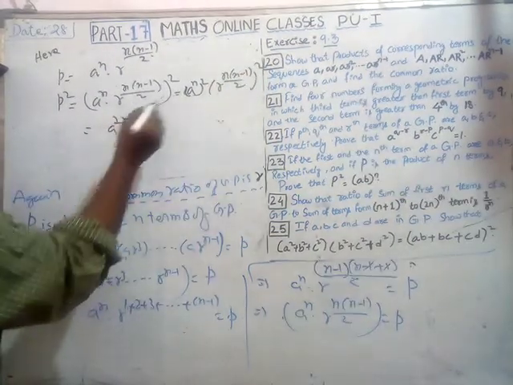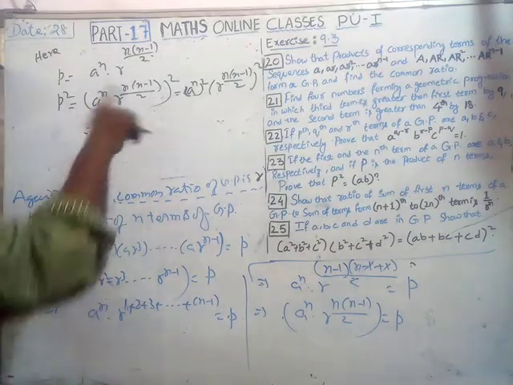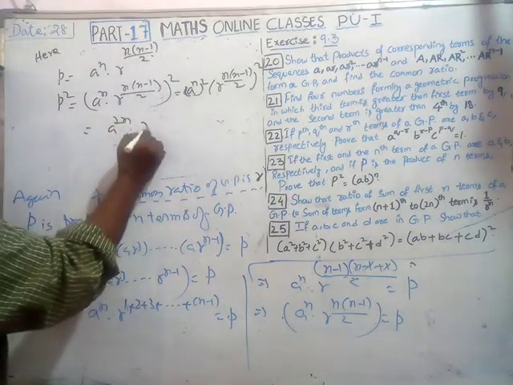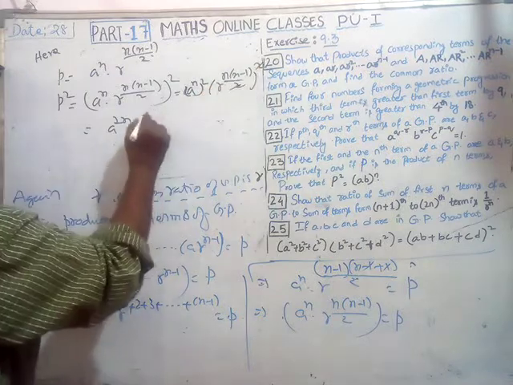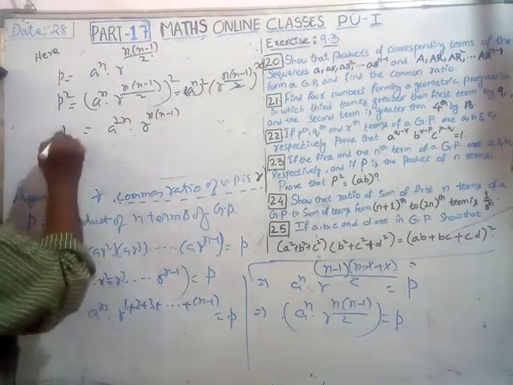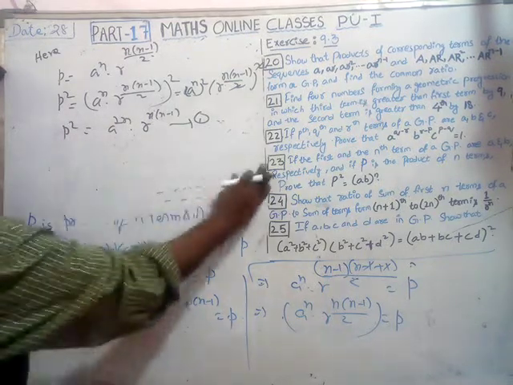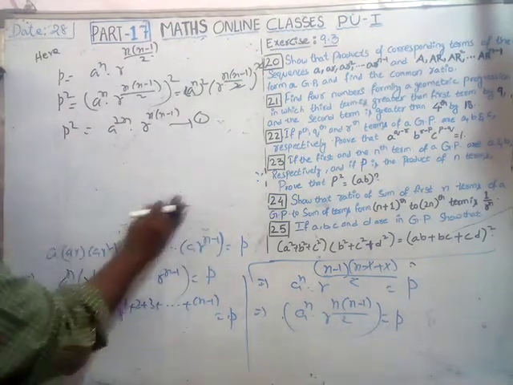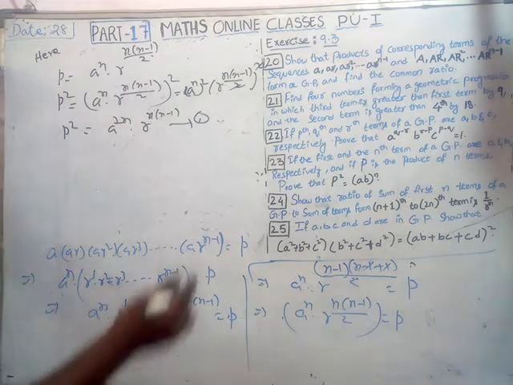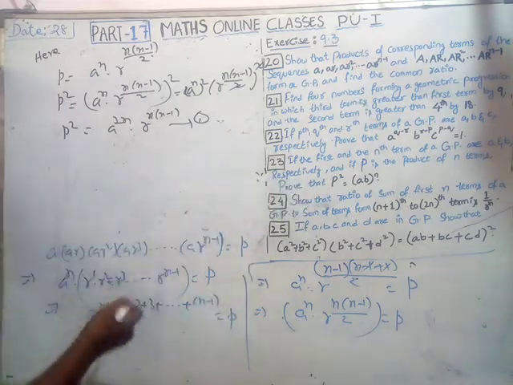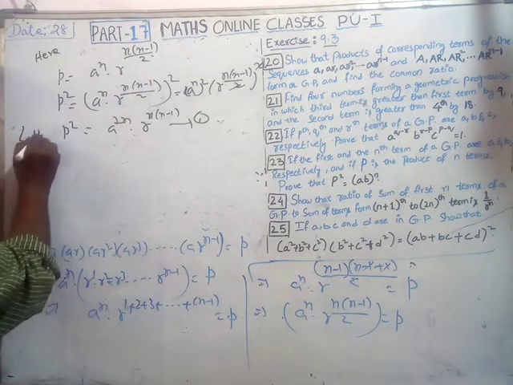That is A power 2n, it is A power 2 whole power n, into R power, this 2 cancels, n of n minus 1. So this is P square. So I have one equation. And again, we have to prove that P square is, this is the LHS.